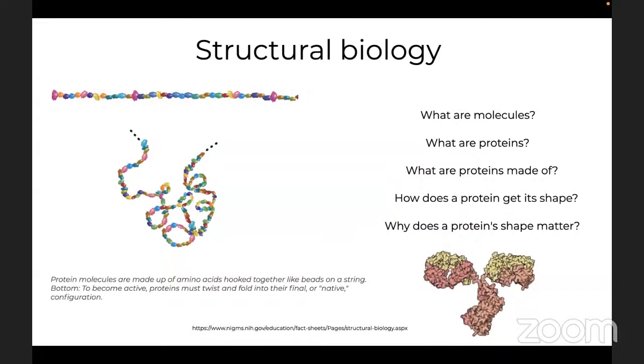The way they fold depends in part on how the amino acids interact with each other. In our case study today, we are going to see how that interaction impacts the structure, and if you replace some of those amino acids, which is like protein designing, how that impacts the structure, and how you can predict that. So that's our case study today.